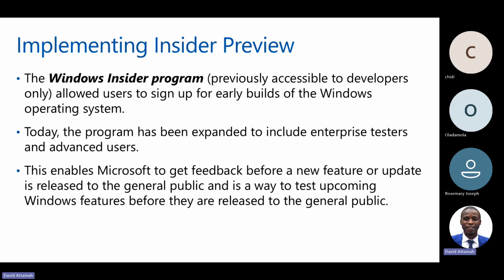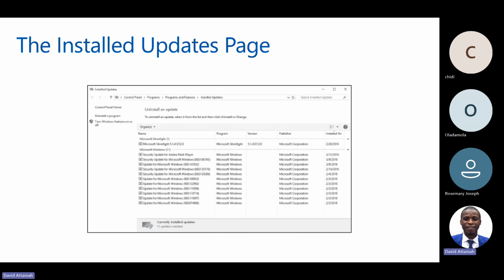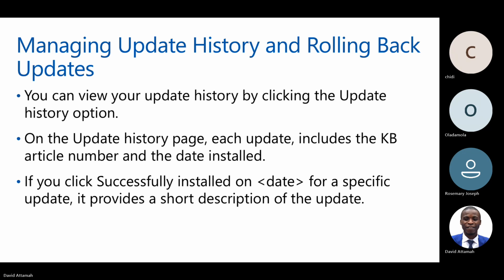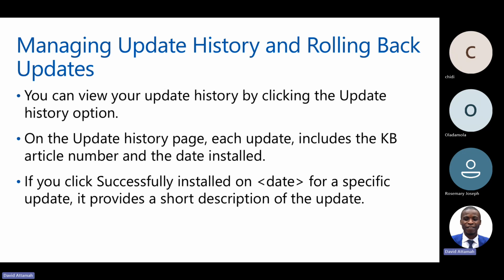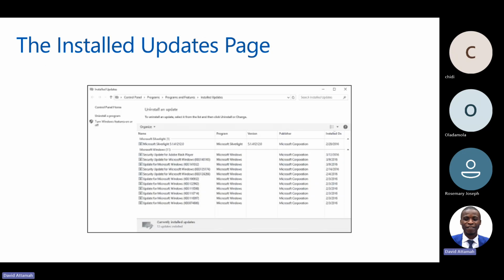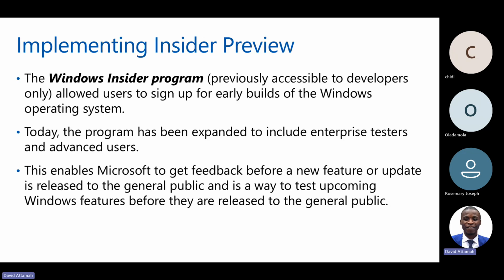When you click on that button and join the program, like you can see on this screen, Windows Insider Program, you click on it and follow the prompts to join. So you are going to get updates more often than others. You get it first before others. That's the advantage.